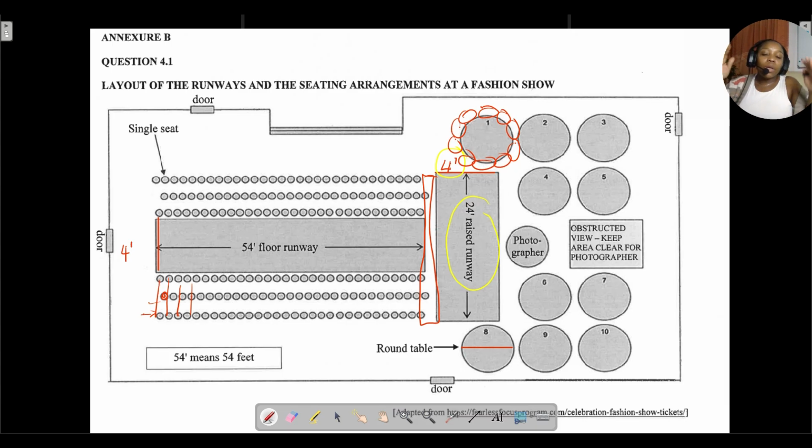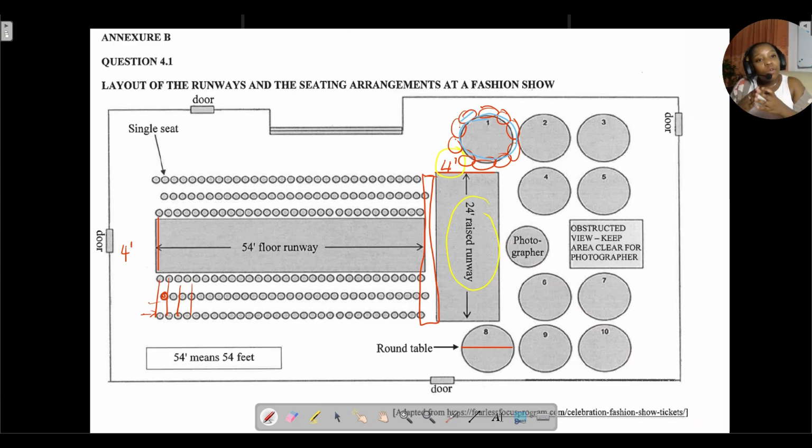Around this table, we can sit a maximum of 10 people. So now we want to determine what's the maximum length that one person is going to take up. Because people are seated around this round table, it means that we first need to calculate the circumference of this round table.